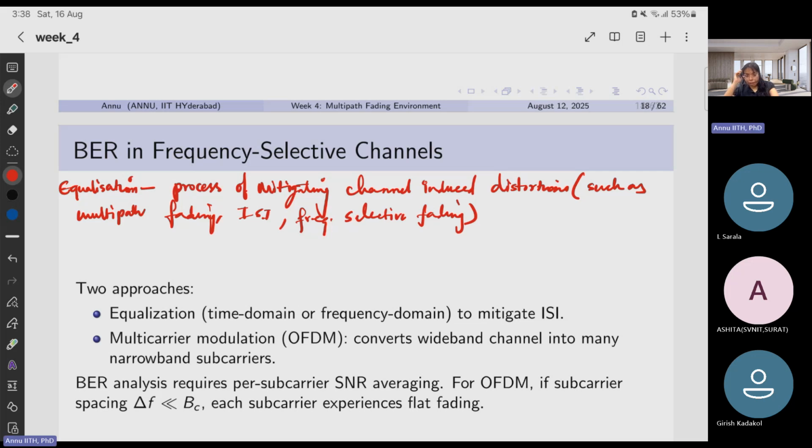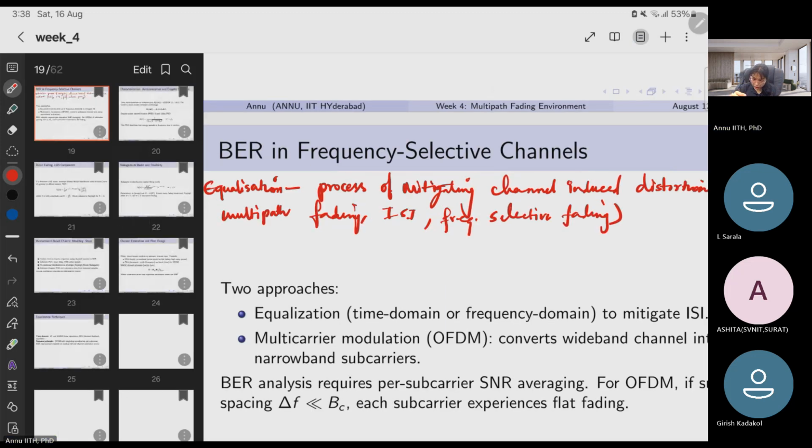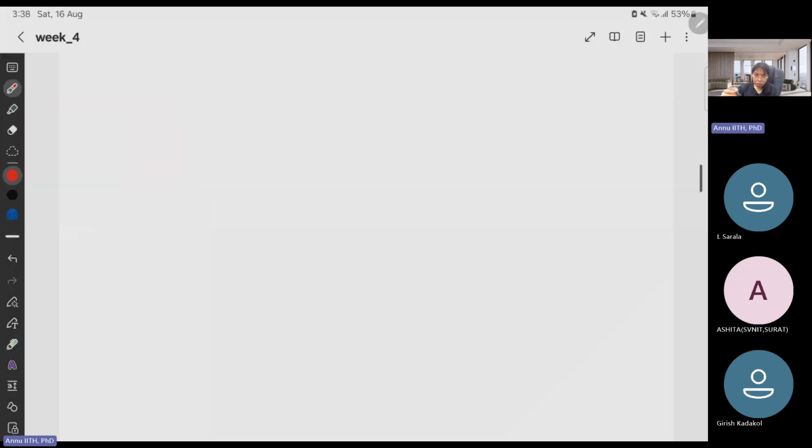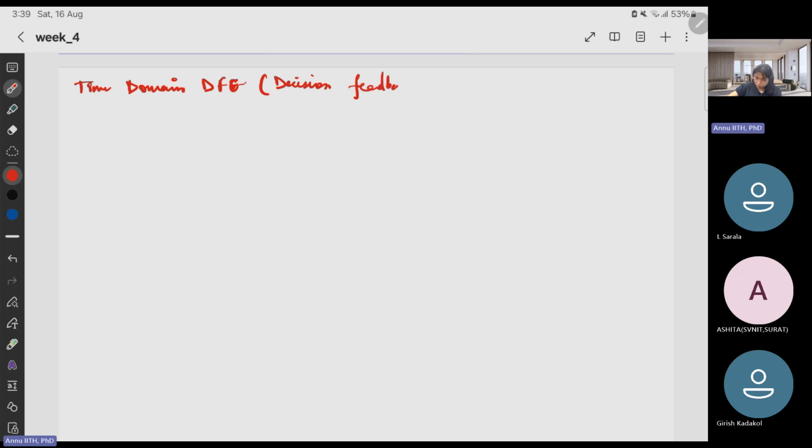I'm giving you some examples of a concept that is required a lot: time domain DFE, which is a feedback equalizer.